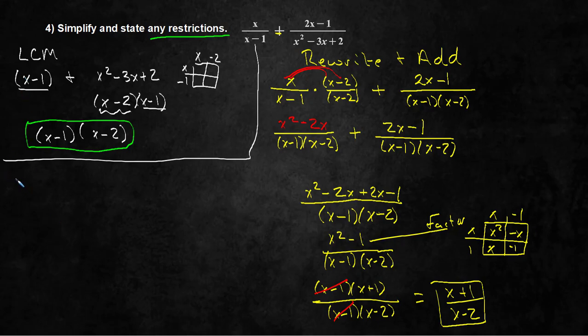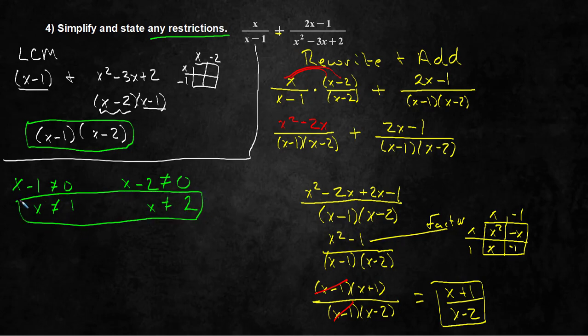And so we have x minus 1 can't equal 0, and x minus 2 can't equal 0. And we're going to solve both of those sides. And so x can't equal positive 1, and x can't equal positive 2. So those are my two restrictions, and this is the combined answer.